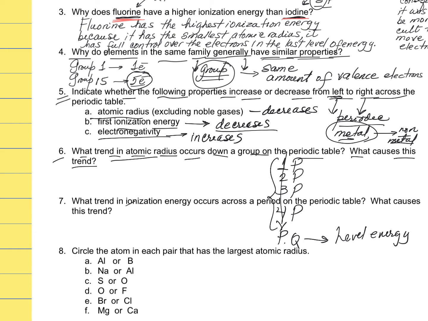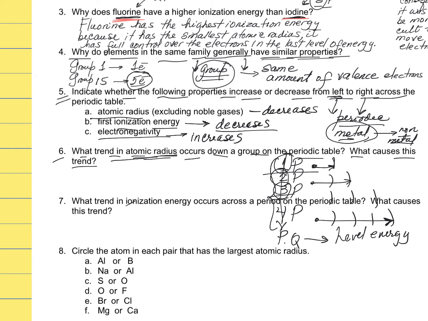Elements located in period 1 have only one level of energy. Period 2, 2 levels of energy. Period 3, 3 levels of energy. Meaning that the levels of energy are increasing as you go down a group. So the distance from the center of the nucleus all the way through the outer boundary of the atom is going to increase.